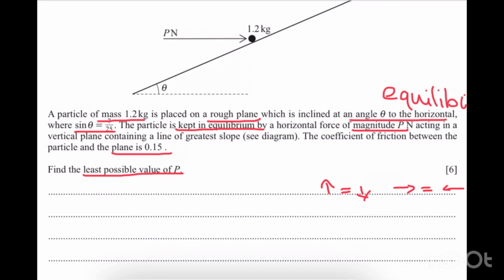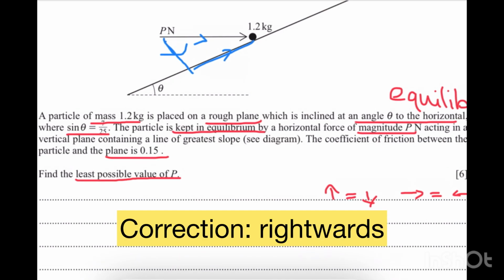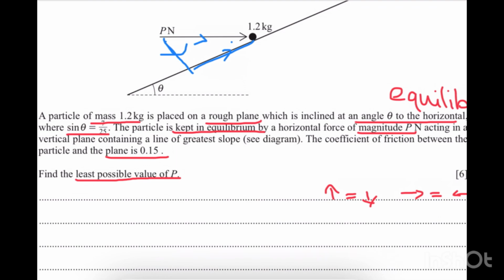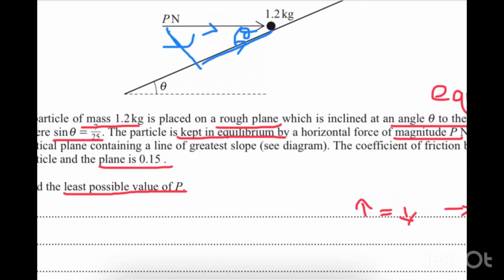So first let's resolve this P newton force. Since it is acting in this direction, it means it has a downward and leftward component, and since it is parallel to the line of greatest slope, this angle will be theta. That makes this P sine theta, and the force acting leftward P cos theta.